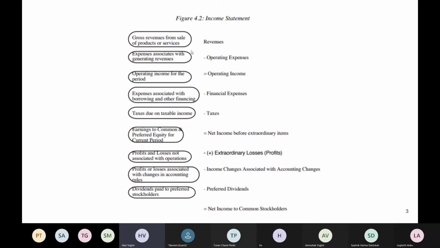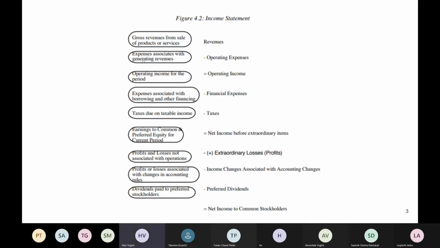Whatever product we are making, we need raw material. For example, if it is a pizzeria shop, the revenues are the number of pizzas that they sold. Let's say per year they sold 3,000 pizzas, and each pizza costs 100 kronor. 3,000 times 100 is 300,000 revenue.